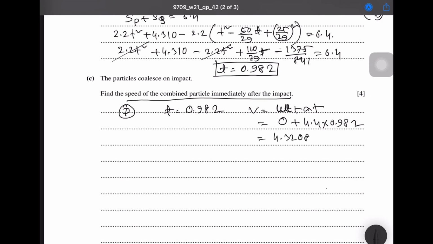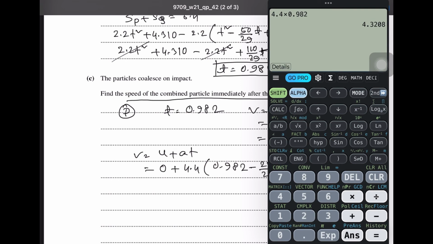Now, since Q after maximum travel is going downward, v will be u plus at, the same thing: 0 plus a is 4.4, but the time will be reduced, so 0.982 minus 25 by 29.